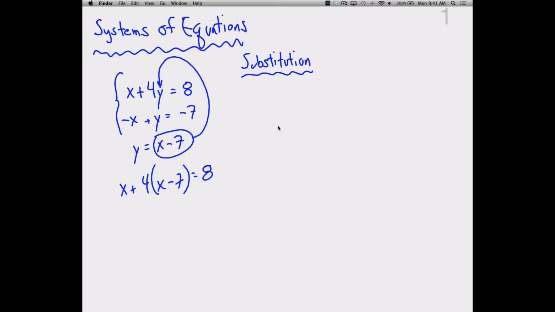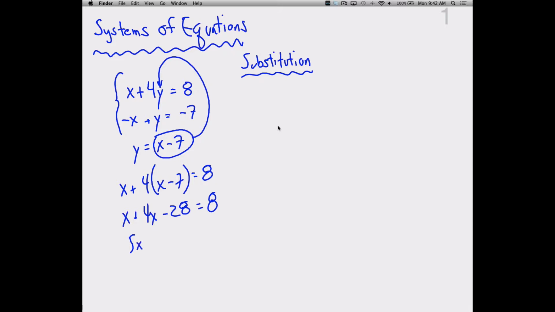How many variables are in that equation? One. Is it solvable? Yeah. The basic rule is you need the same number of equations as variables. In the original system we have an x and a y, therefore we need two equations. We have two equations, so we should be able to solve it. Okay, so x plus 4x minus 28 is equal to 8.